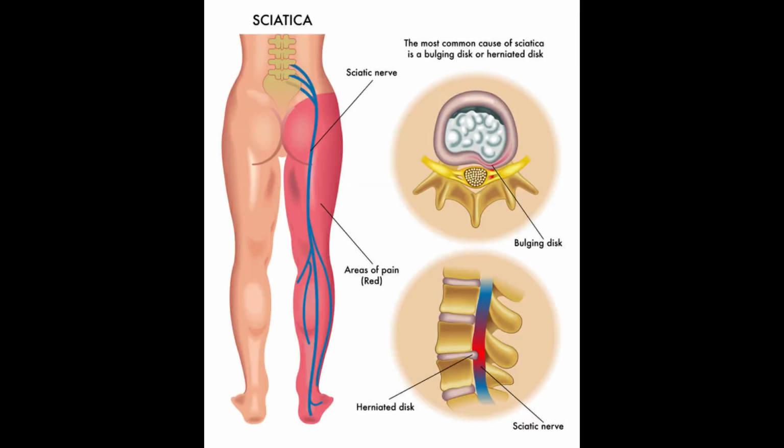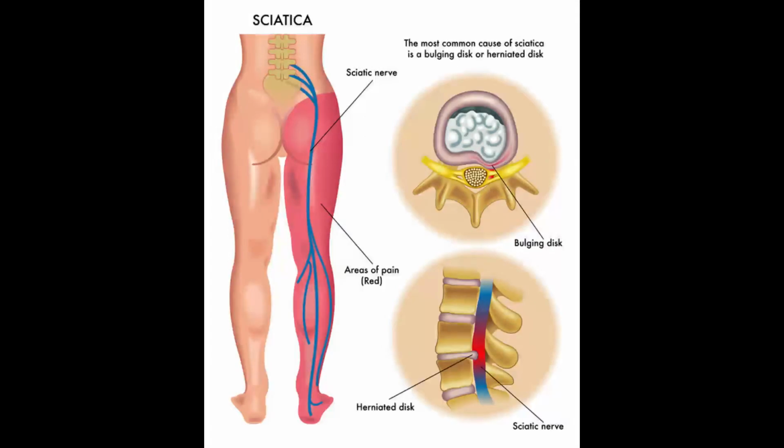The first condition that we will discuss is sciatica. This condition is wherein a bulging herniated disc compresses the sciatic nerve, causing numbness or pain on the ipsilateral side from the gluteal region down to the lower extremities.